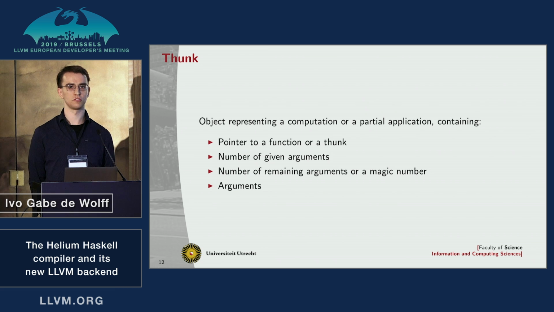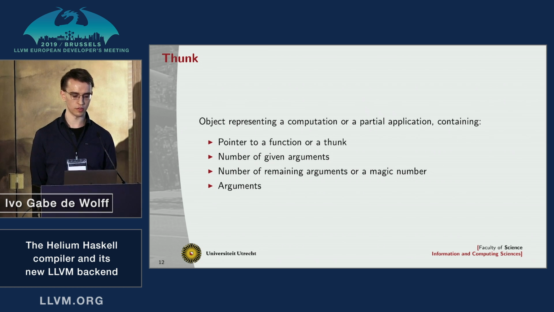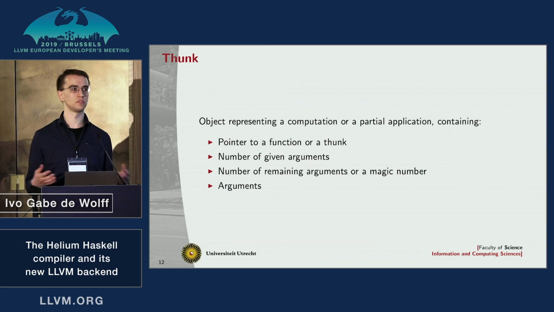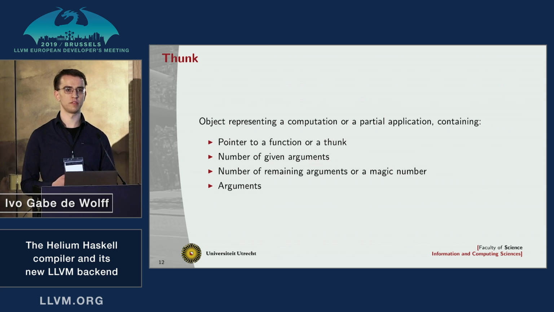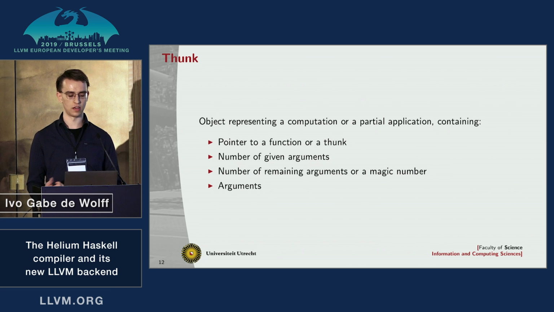And that field is also used to store some magic number to denote some special state of the thunk. And finally, we store the real arguments of the function call. So if, for instance, we have a function which takes 3 arguments, and we partially apply that with 2 arguments, then we create a thunk containing those 2 arguments. If you then would later on apply that thunk with another argument, so the 3rd argument, then we create a new thunk pointing at that previous thunk with a last argument.